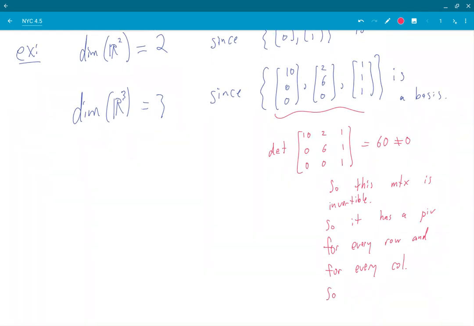Now, because it has a pivot for every row, that means that the columns span R3.